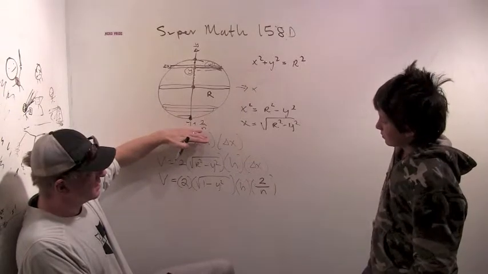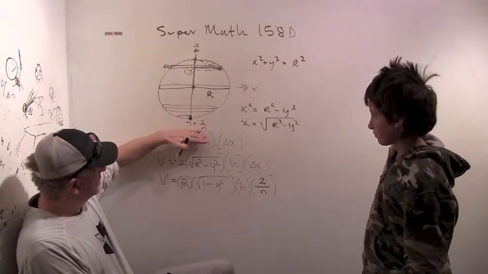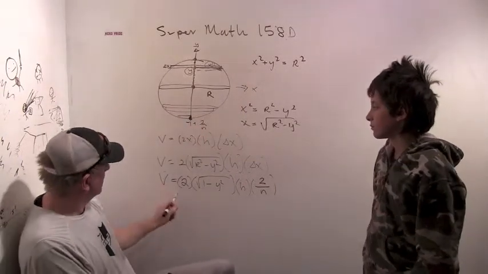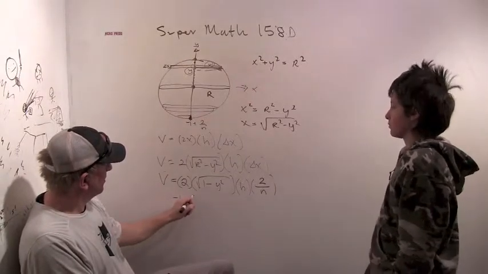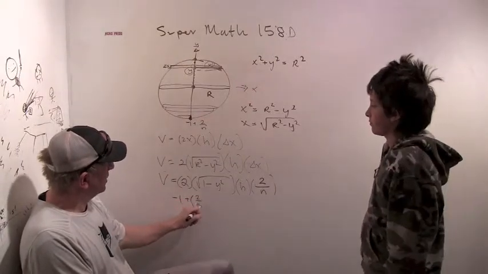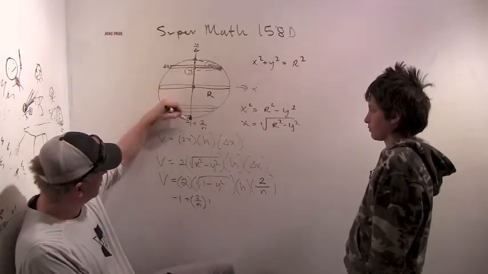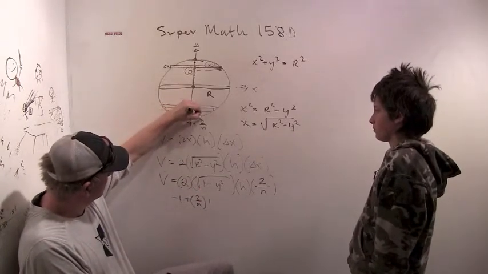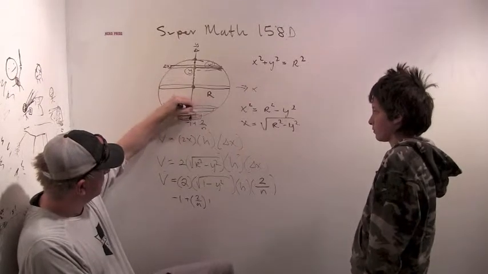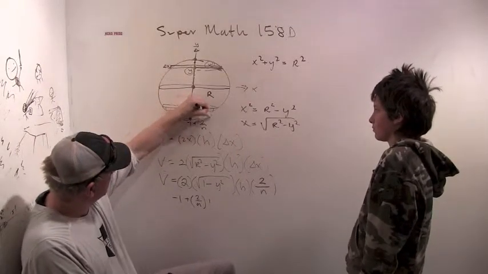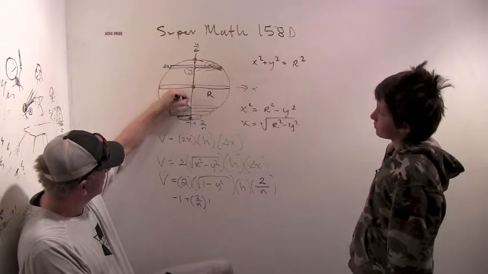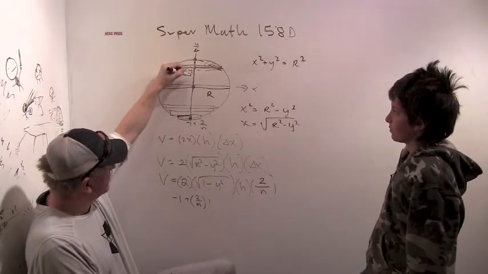N is the number of rectangles. Yeah. Okay. So the first rectangle is going to be minus 1 plus the height 2 over n times 1. And the next one, so we're going to go up a little bit. That rectangle is going to have a little bit of height. The next one's going to have just one more little bit of height. You see that? Yeah. 1, 2, and then up and up and up. And there's going to be n of them.